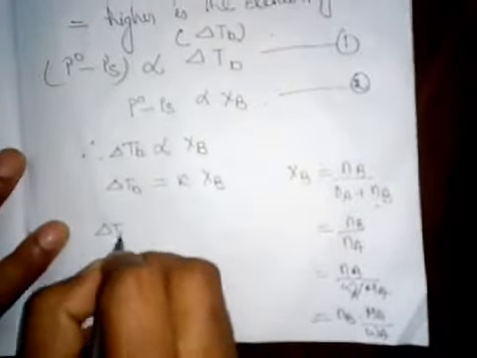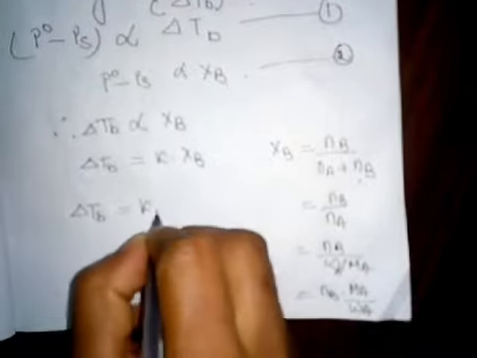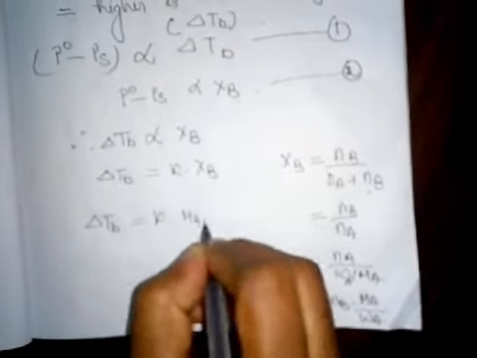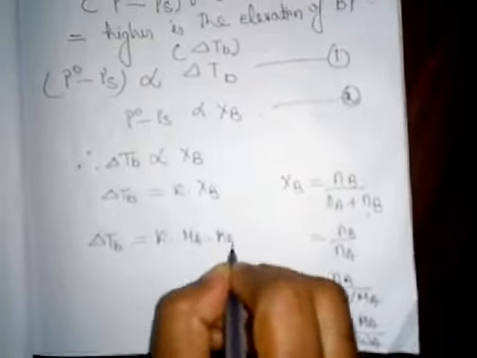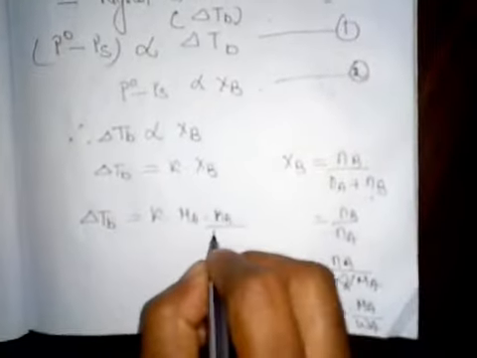Therefore, delta Tb is equal to K into Ma into Nb by Wa.